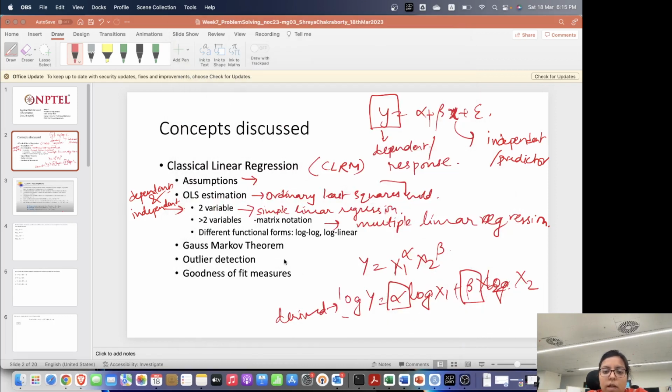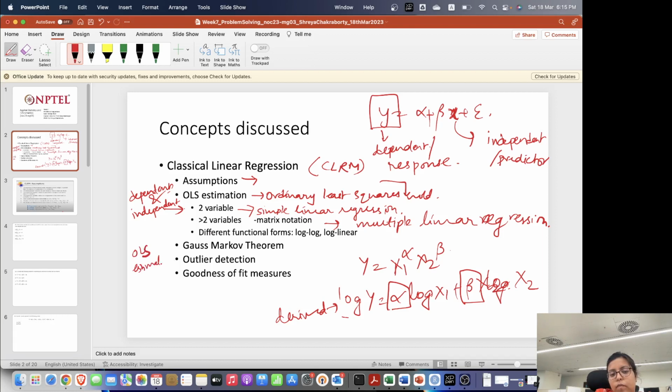We also learnt the Gauss-Markov theorem, which stated that if the above assumptions hold, and I'll talk about the assumptions briefly, then the OLS estimators are BLUE, that is, best linear unbiased estimators.